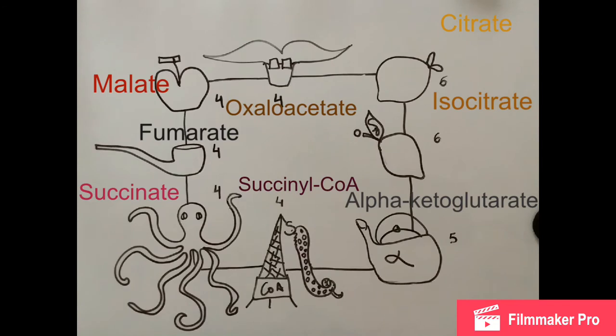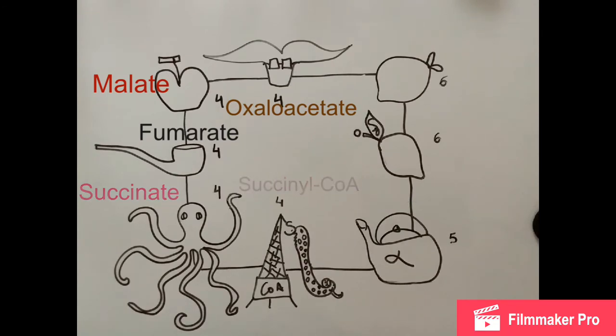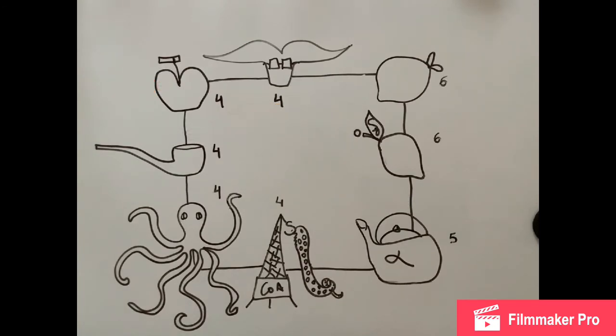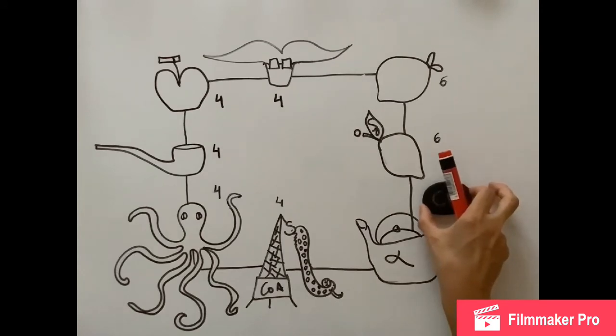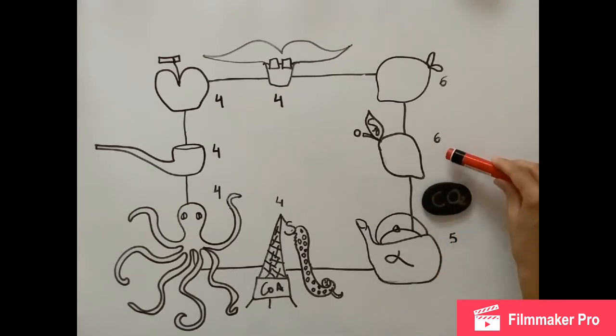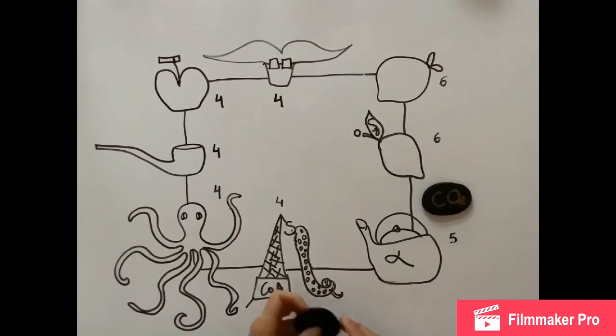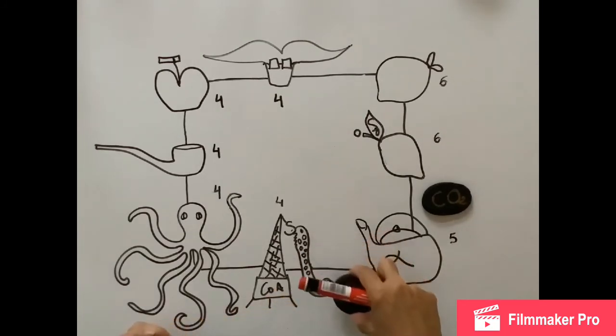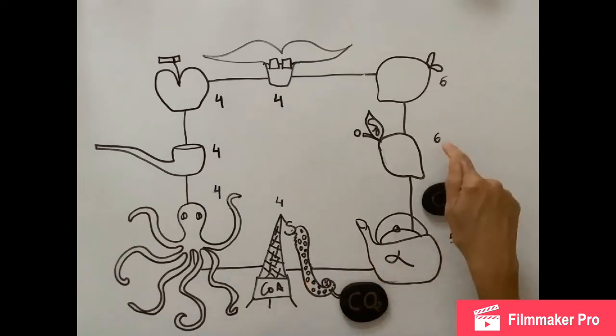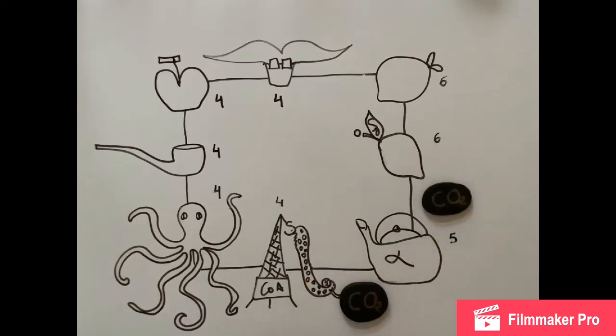So knowing that there are 2 molecules of CO2 that leave the cycle, it's quite easy to see that there should be one between the isocitrate and the alpha ketoglutarate, and another one between the alpha ketoglutarate and the succinyl coenzyme A, because we are going from 6 to 5 and from 5 to 4.